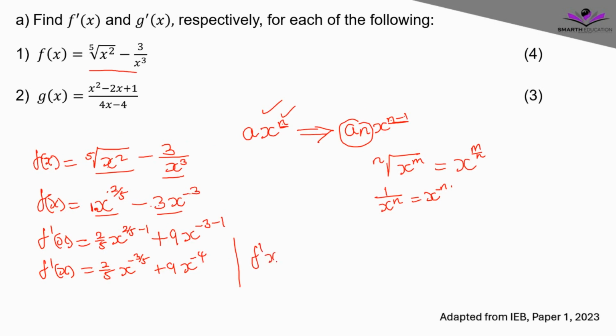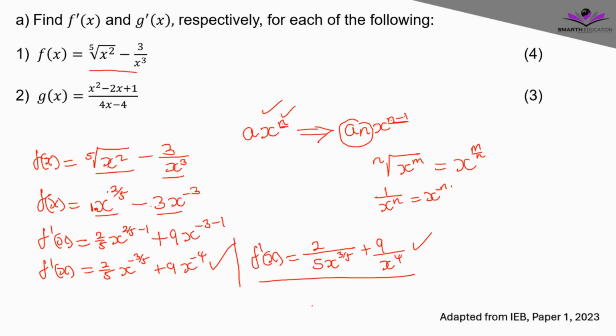The derivative of f of x is equal to 2 over 5 times x to the power 3 over 5, then plus 9 over x to the power 4. This is just the same thing, here we're writing our answer with positive exponents.